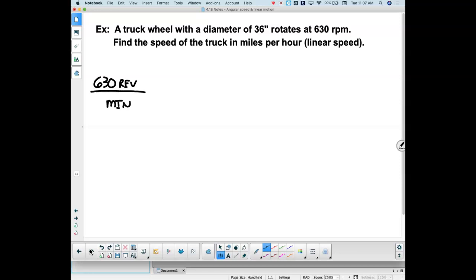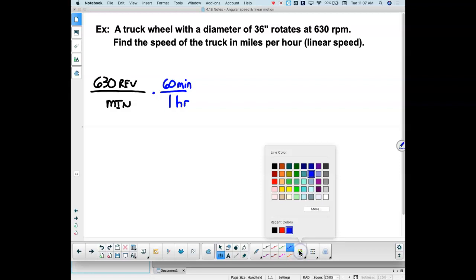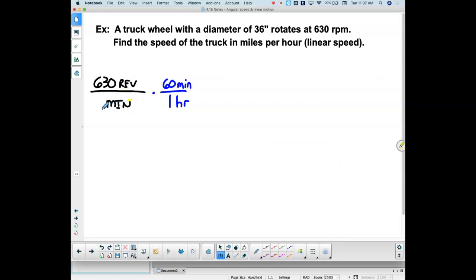I want to factor label that thing down to miles per hour. Okay? So let's deal with the time one first because the time one is the easy one to deal with. Okay? So there are 60 minutes in 1 hour. My minutes has now been taken away, and I'm left with revolutions per hour.